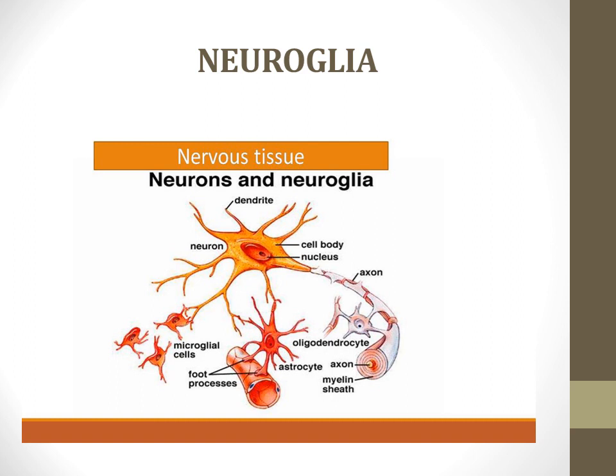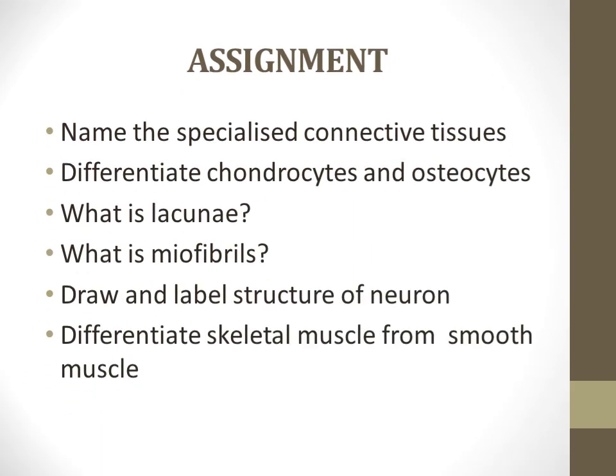Fine. Okay. And we can complete this class here, and we have completed chapter 3, tissue level of organization. Fine. Let us go through a few assignments regarding today's portion. The first question is, name the specialized connective tissues.